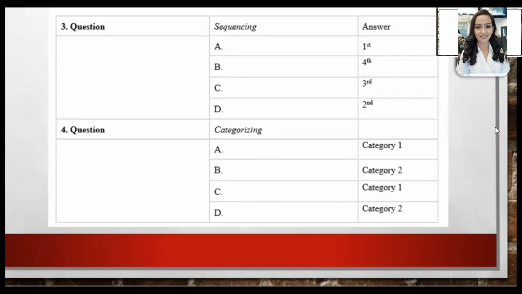Pwede rin naman, I don't know, kung ano po ang i-require ng inyong LR supervisor. But, ma'am, paano kapag PE, di ba po performance-based po tayo? If you prefer performance-based assessment, pwede rin naman po. Since talagang it is through movement na ang pinaka-medium talaga ng ating instruction ay movement.